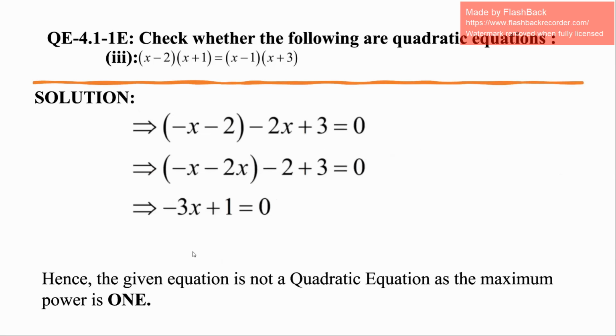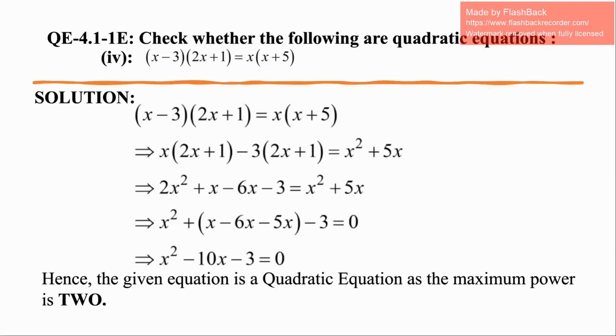Ultimately, the expression is minus 3x plus 1 equals 0. Here you can see there is no x squared term. The maximum power of the variable x is 1. So it is not a quadratic equation, but it is a linear equation.